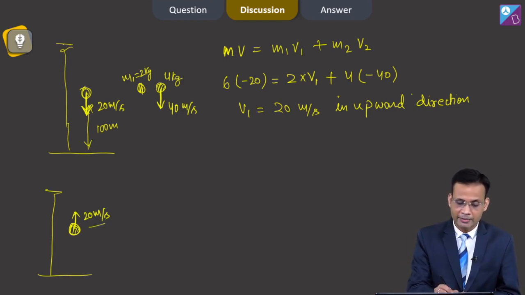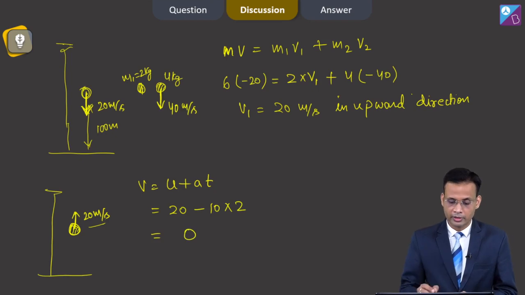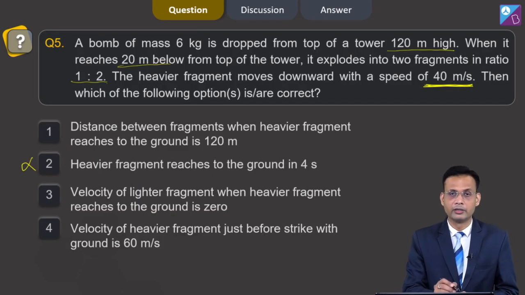By using the kinematics equation v equals u plus at, where u is 20, minus 10, time is 2 seconds, it will become 0. That means option 3 is the right option, because it states the velocity of the lighter fragment when the heavier fragment reaches the ground is 0.